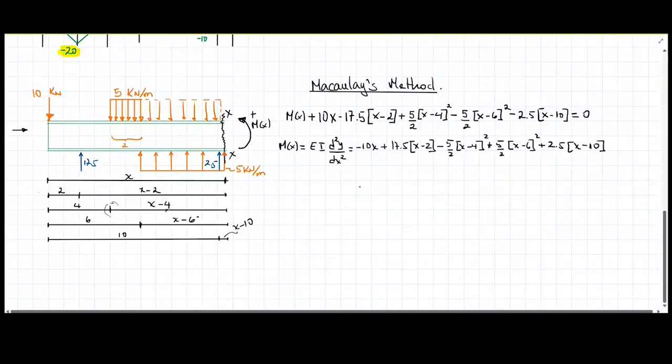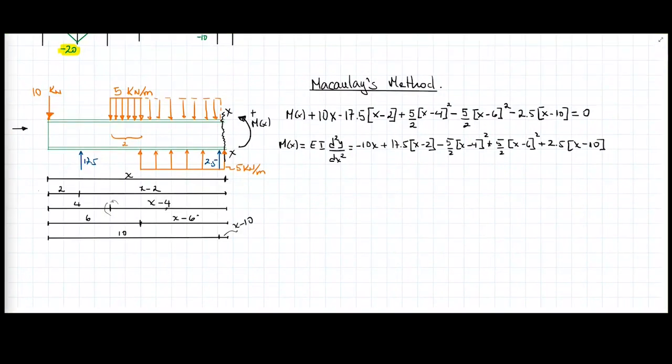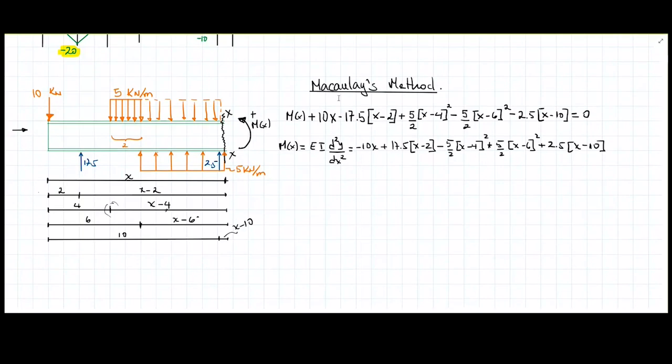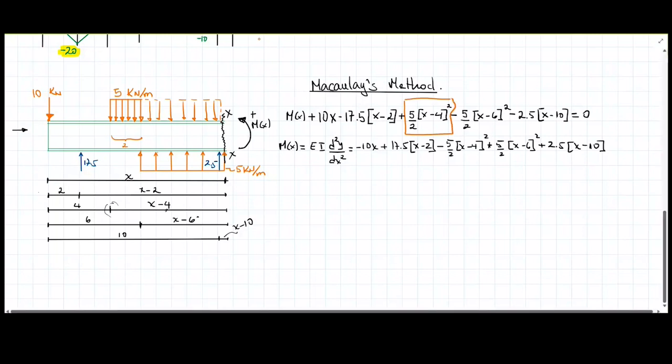Okay, I got a very good question. It is why the terms in the parentheses, x minus 4 and x minus 6, got to the power of 2. So let's remember that we are talking about distributed forces. And this represents the moment caused by the distributed force, right?